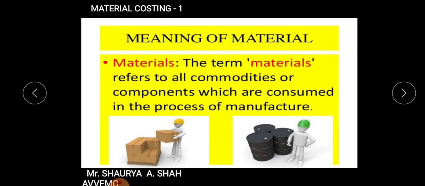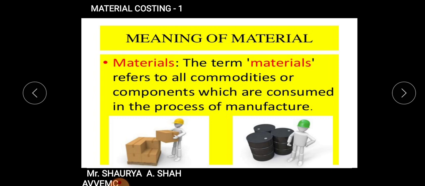The very first thing, as I told you, is the meaning of material. What do you include in material? Material does not include only raw material, students, right? The term materials refers to all the commodities or the components which are consumed in the process of manufacture. All the commodities and the components, right? Suppose for example, if we are making a biscuit industry, the main material is wheat, that is flour, right?